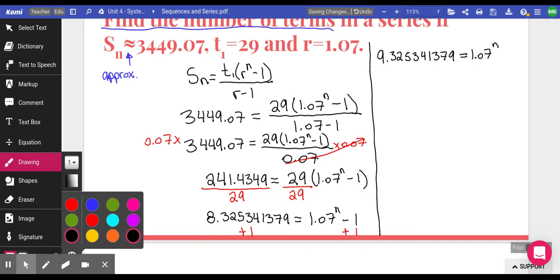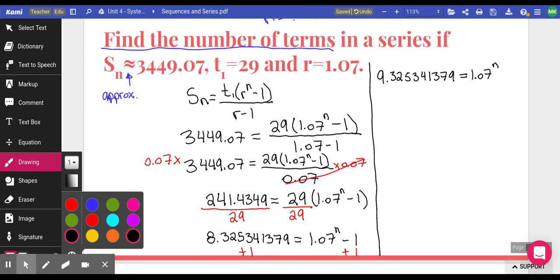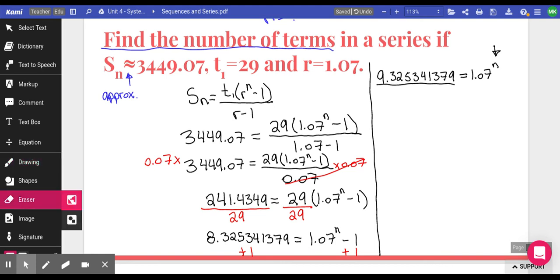We're trying to figure out n. To figure out something that's in the exponent, we're just going to try guessing and checking. This is going to be tricky because we have some crazy decimals here. We're trying to figure out what value of n would give this, so we're just going to have to guess and check.